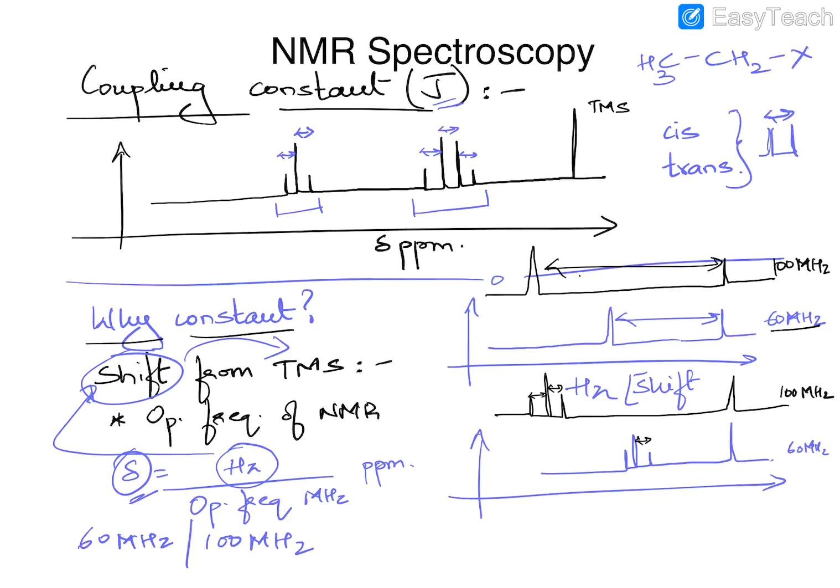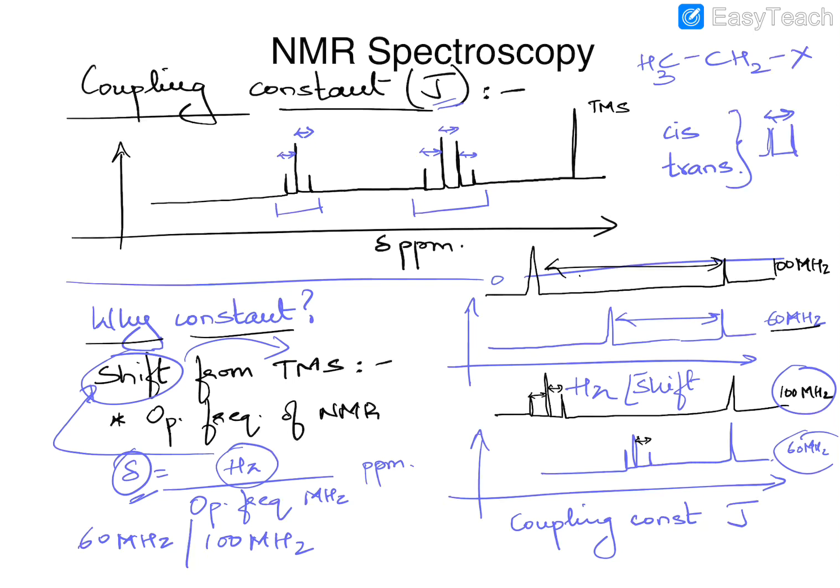What I'm trying to say here is, irrespective of whether we are operating at 60 megahertz or using a 100 megahertz instrument, the coupling constant J, or the difference between the frequencies of individual peaklets for the peaks that are coupling with one another in a magnetically non-equivalent environment, remains essentially a constant.